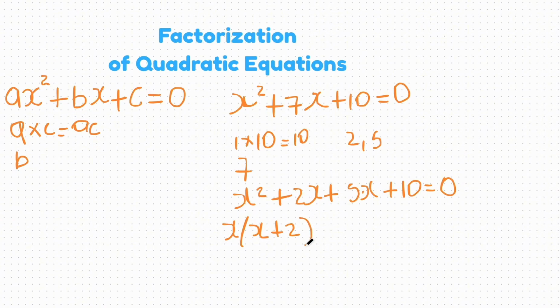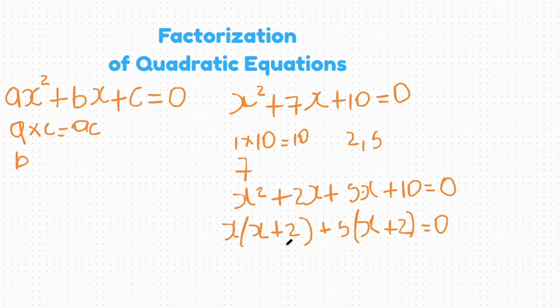Close our bracket. We now need to find the HCF of 5x plus 10, and that would be what? Positive 5. 5x divided by 5 gives us what? X. And 10 divided by 5 gives us what? 2. Equate it to 0.